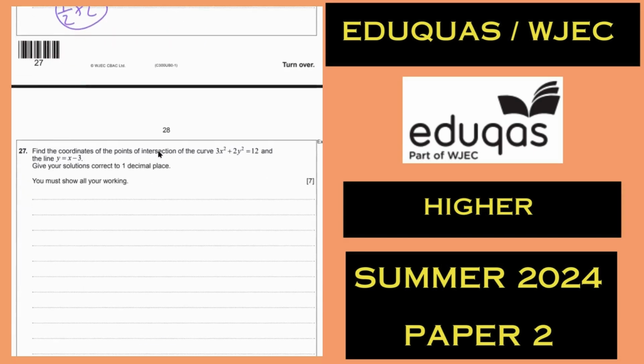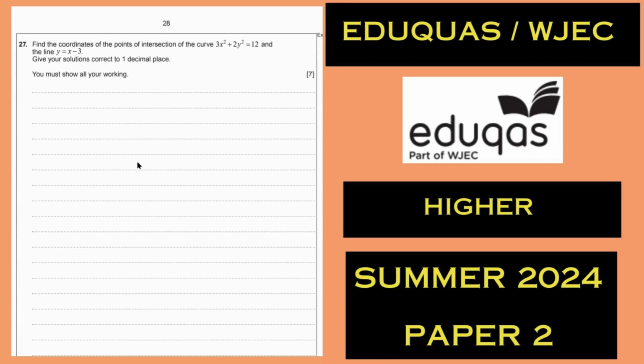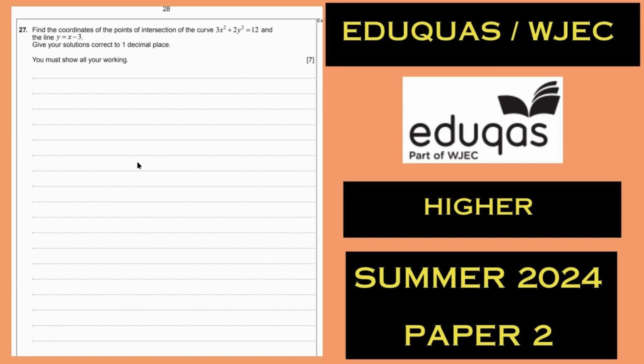On we go. Number 27, when you're finding points of intersection, it just means sub it in. An easy, nice one is, no need to rearrange, just take the equation, and where you see y squared, replace the y with x minus 3.